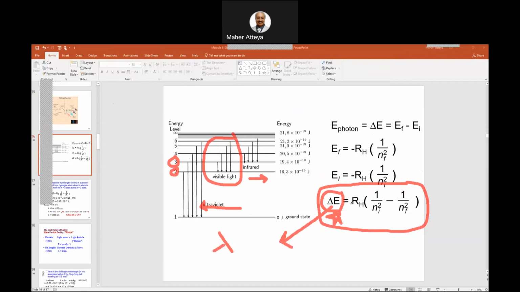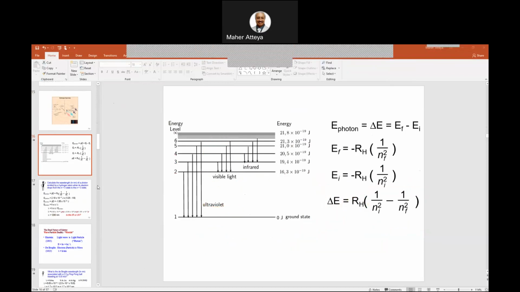Even out of this, we can modify it, as you will see later on. We can calculate the wavelength of those transitions. This is the initial, this is the final: initial minus final, correct? A Rydberg constant is given to you here. You see, it is here.